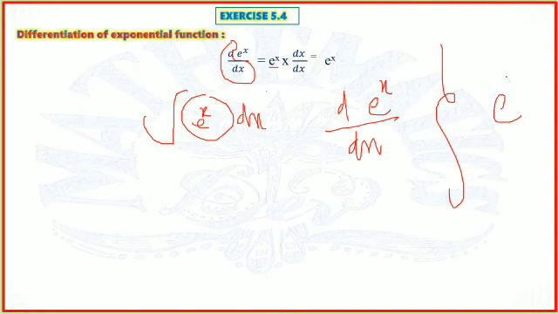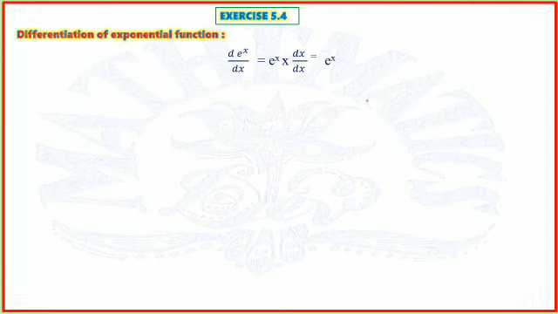That is, the result is exponential x only. So the differentiation of e to the power x is e to the power x only. Then you will be differentiating the power, and since we are differentiating with respect to x, this dx and dx will cancel out. So the differentiation of e to the power x is nothing but itself only.